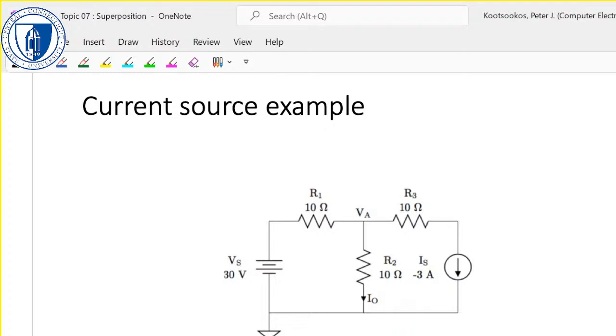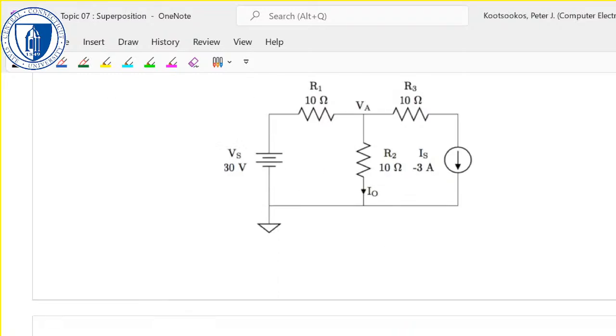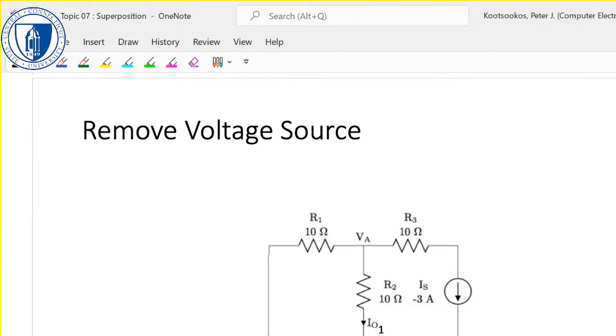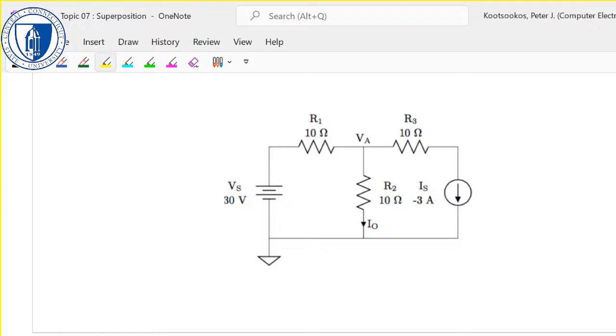So here's the same circuit, but now we've got a current source and a voltage source. And again, we're trying to find the output current.